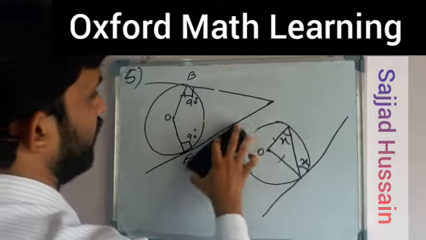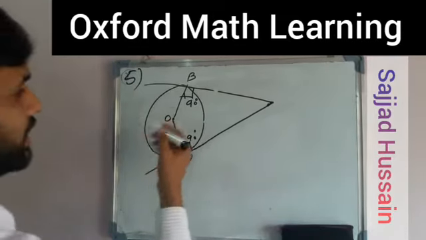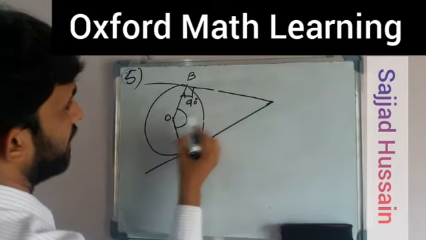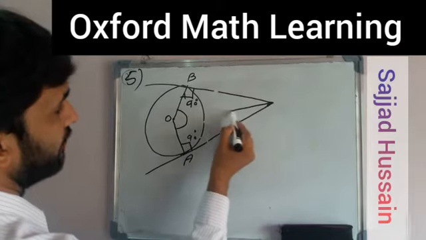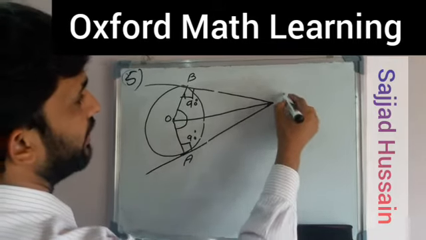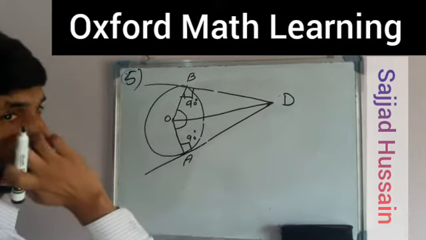Now from property 5, I can explain more: when a line goes from the center to the tangent point D, this angle is cut in half, bisected.